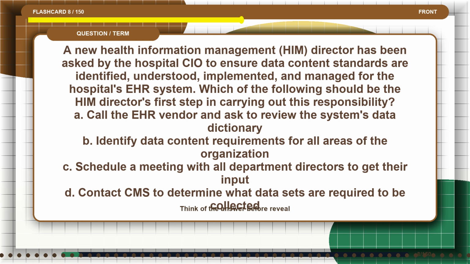A. Call the EHR vendor and ask to review the system's data dictionary. B. Identify data content requirements for all areas of the organization. C. Schedule a meeting with all department directors to get their input. D. Contact CMS to determine what data sets are required to be collected. Think of the answer before the reveal.